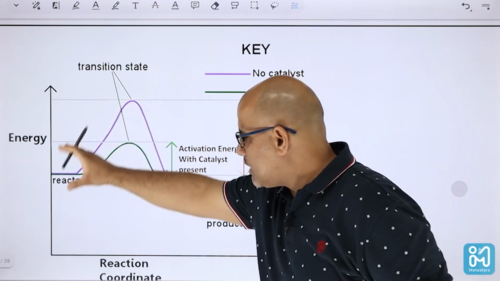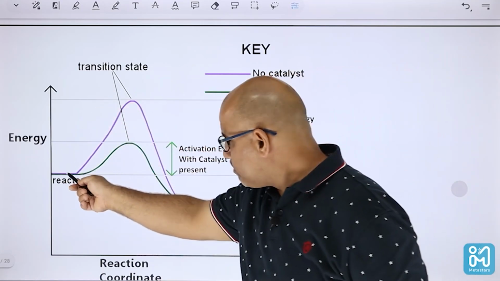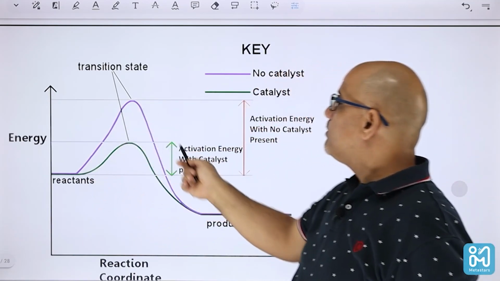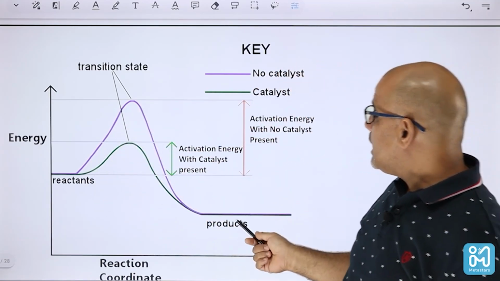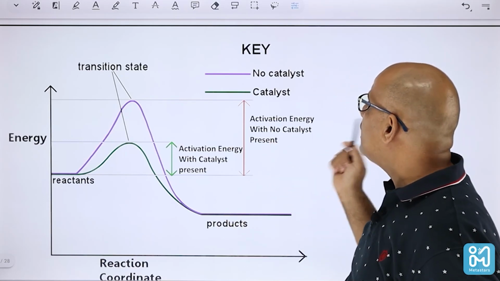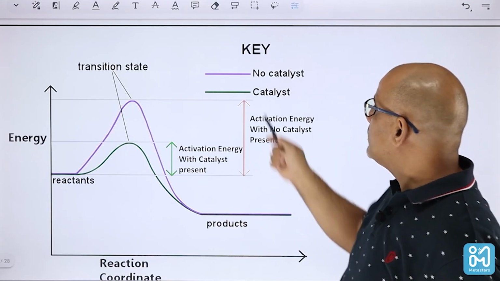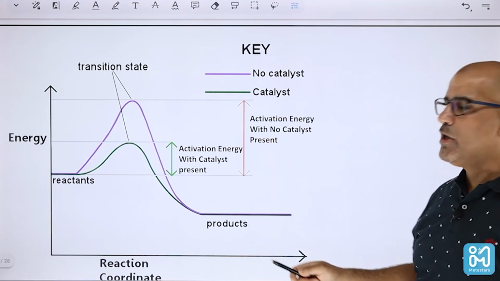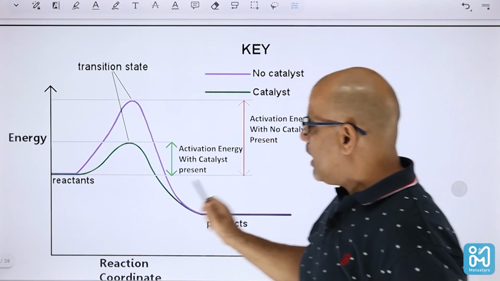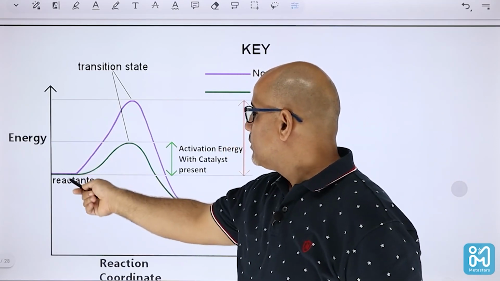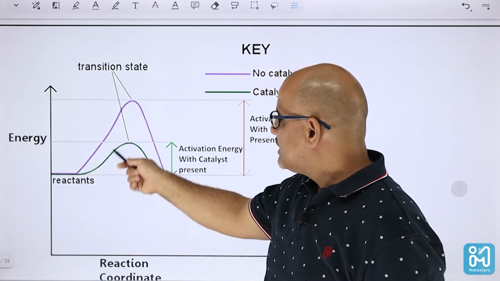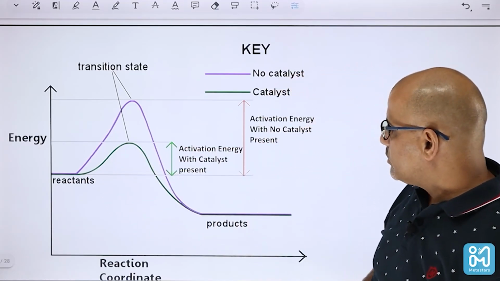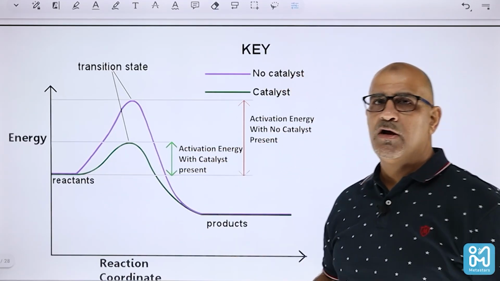You can see in the diagram the purple curve represents the uncatalyzed one, so this is no catalyst used, and you will see the activation energy is greater. But for the green one, which is the catalyzed pathway or the catalyzed reaction route, the activation energy was decreased.